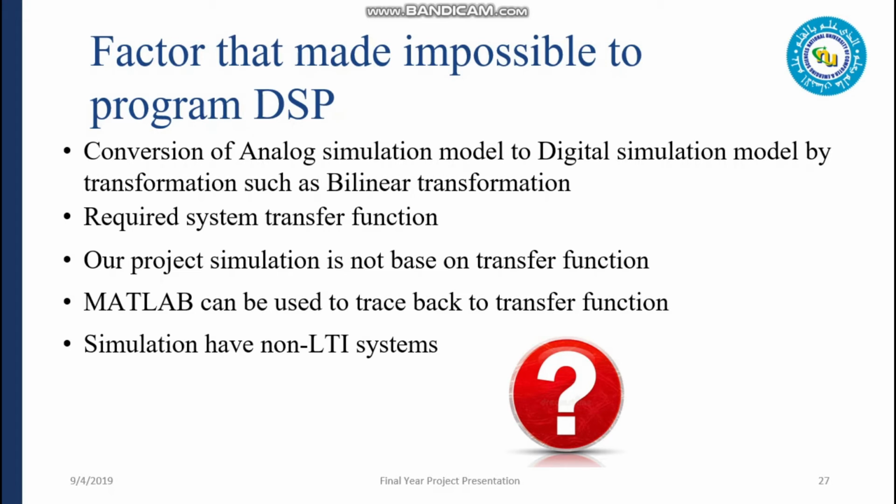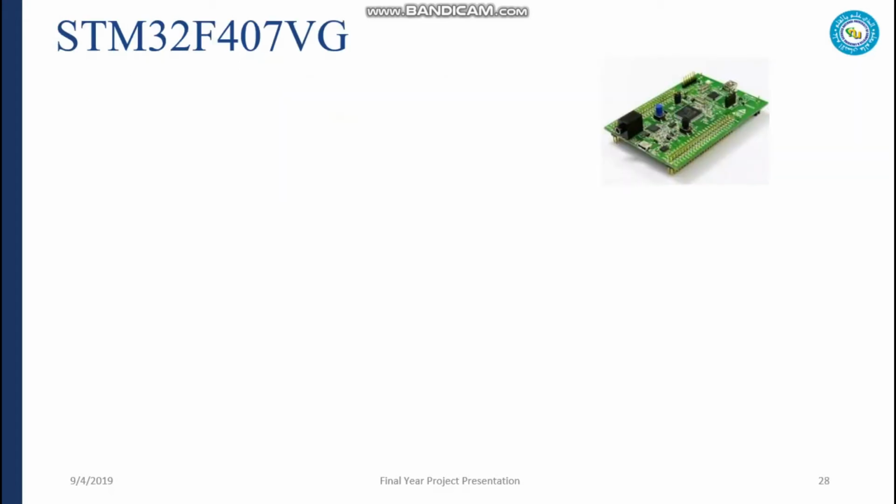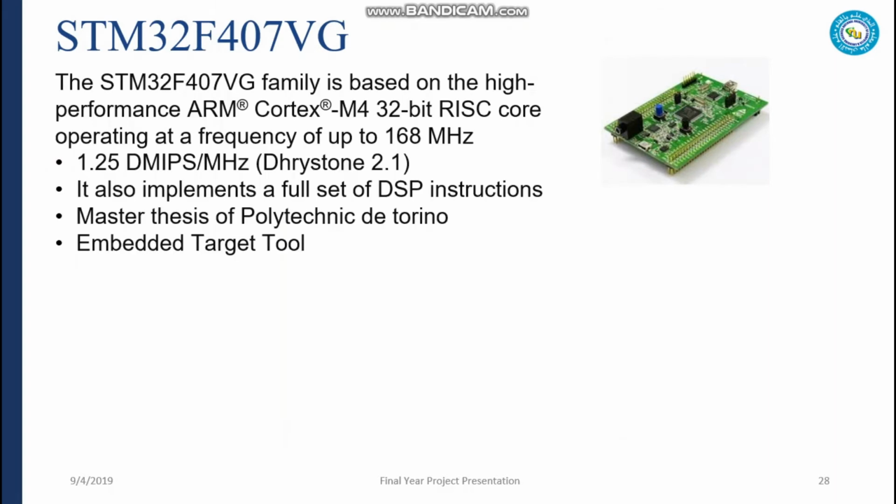So we found the STM32F407VG, which is based on a high performance ARM Cortex-M4 32-bit processor operating at a frequency of 168 MHz. On further research, we found that its processing power is 1.25 DMIPS per megahertz.